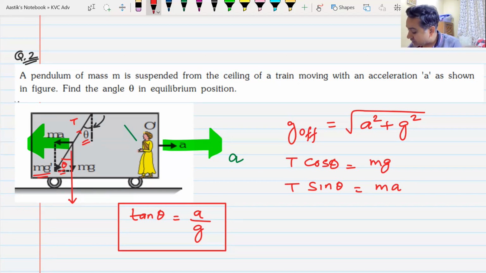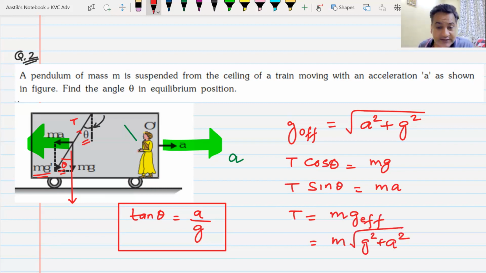And this T becomes your m into g effective. So that becomes equal to m into the square root of g squared plus a squared. If you remember these things, this question or questions like this, you can do very, very quickly. Do we understand this? Yes or no?